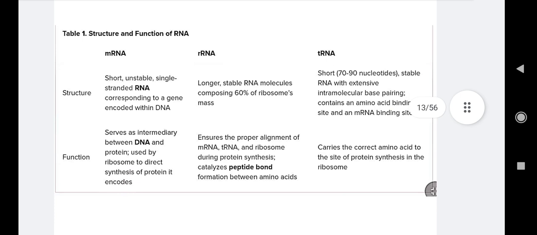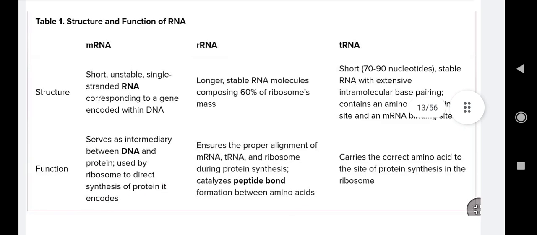Okay, so now a little bit of difference between the mRNA, rRNA and tRNA has been given. I have not discussed the mRNA structure here in detail, but I will try to discuss it later on, or within this video. So mRNA is a short, unstable, single-stranded RNA that corresponds to a gene encoded within DNA.